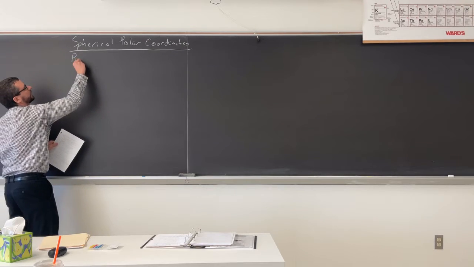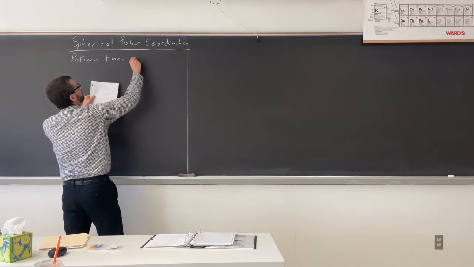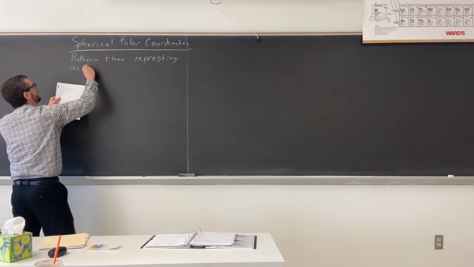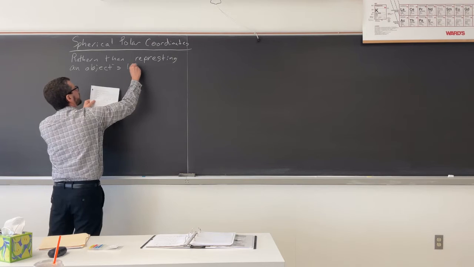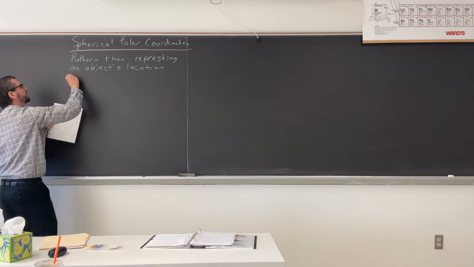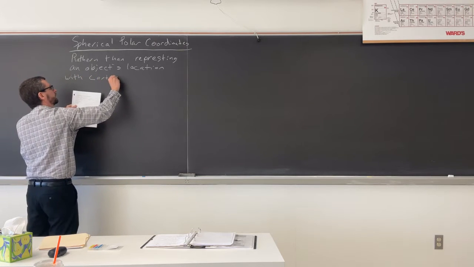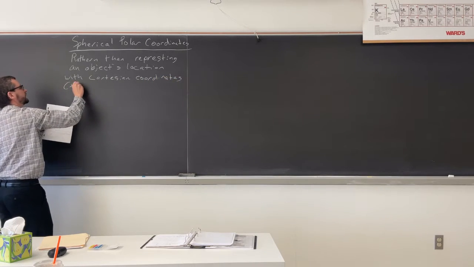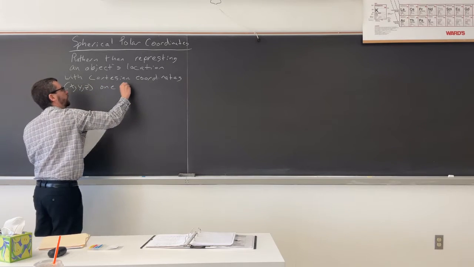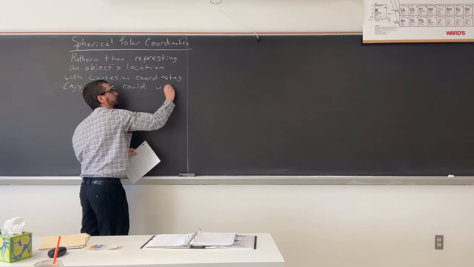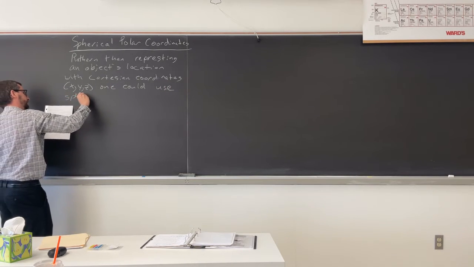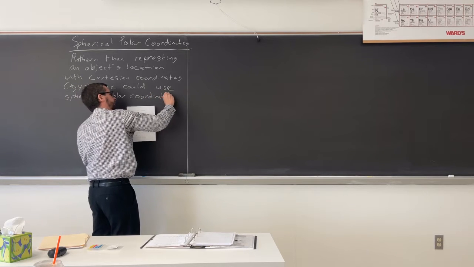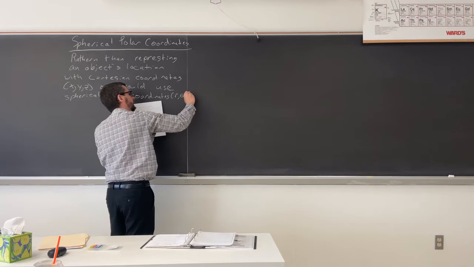So rather than representing an object's location with Cartesian coordinates, X, Y, and Z, one could elect spherical polar coordinates: r, theta, phi.